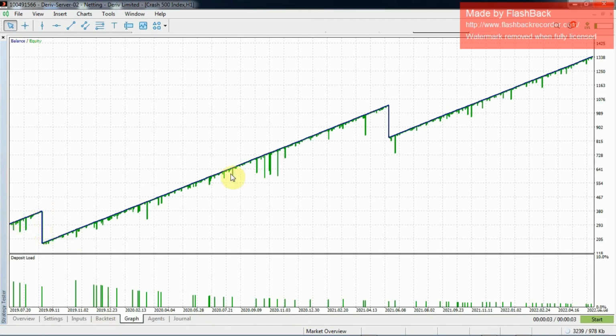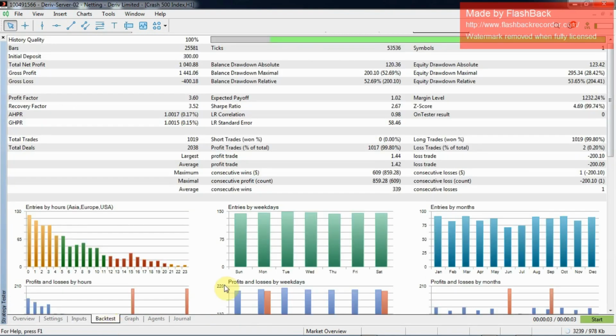On the machine gun version we had 5 losses from 2019 till date, but for this guy we only have 2 losses. So here you are making 1.4, risking 200.